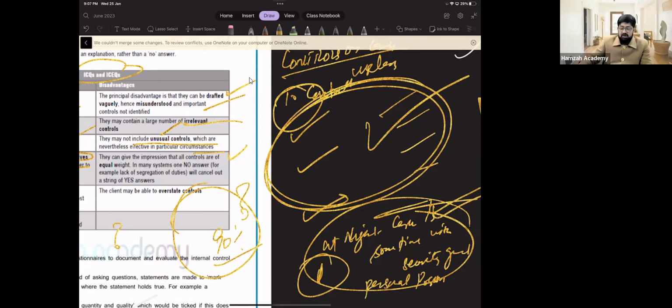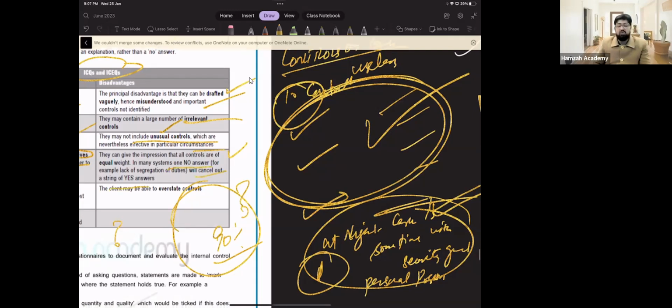If in measure one no answer will cancel out so many strengths, it gives the impression that all controls are of equal weight. But we know that is not the case. Some controls are much, much more important than others, which is not recognized by questionnaires.